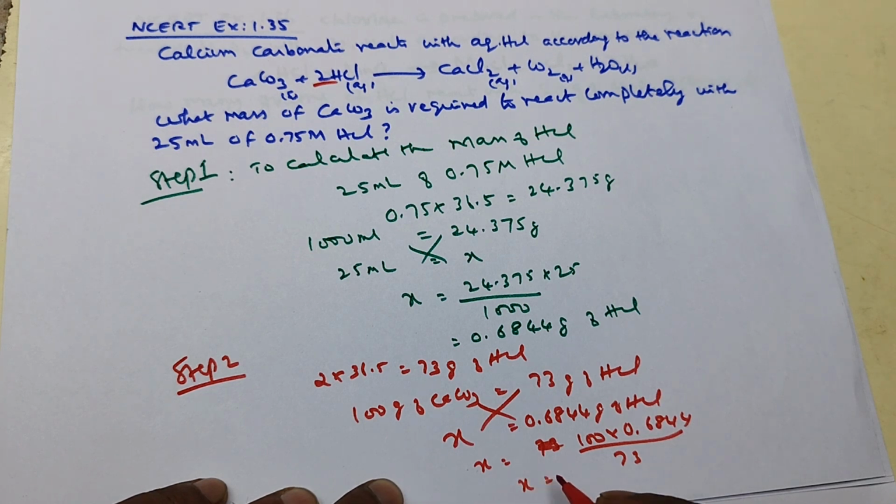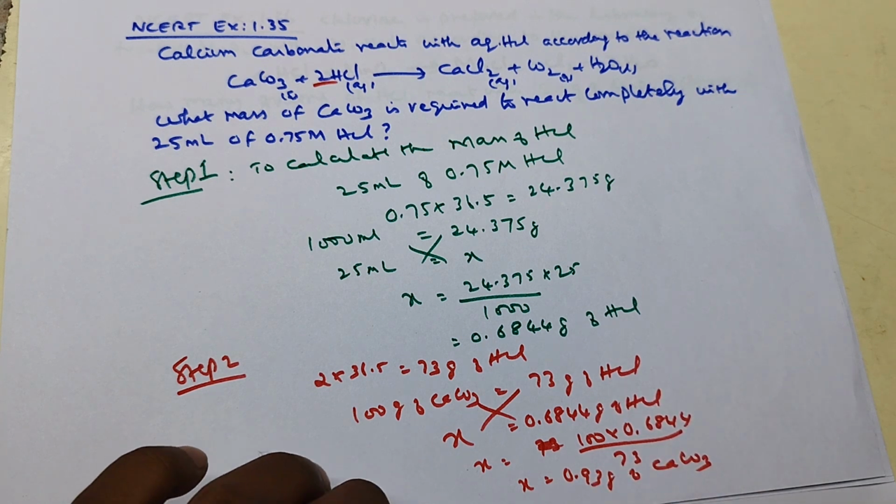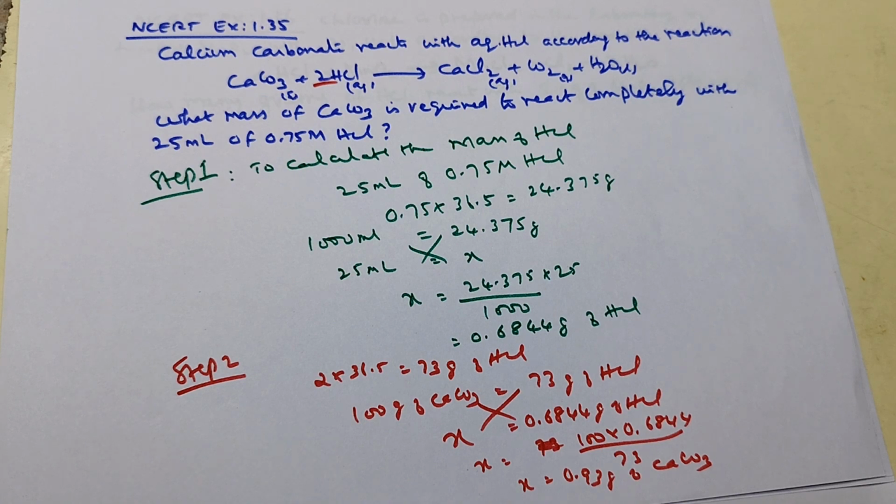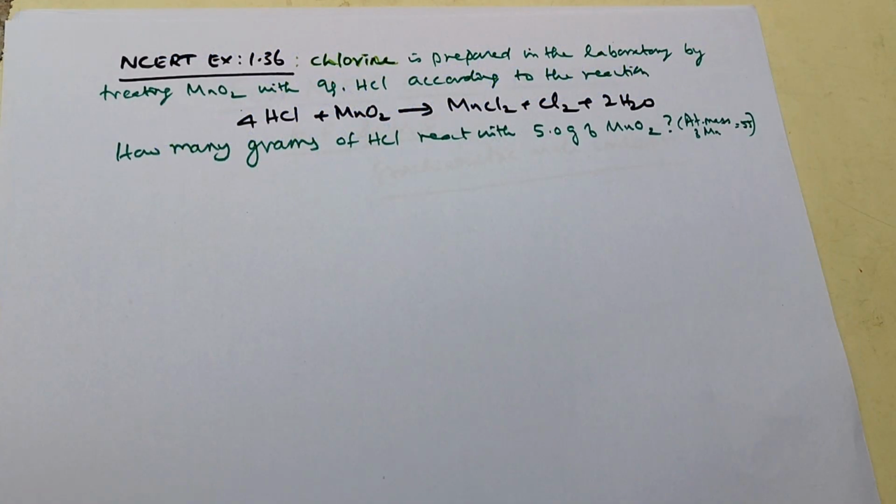X is equal to 0.93 gram of calcium carbonate. That is the question, what mass of calcium carbonate is asked. So you have to say 0.93 gram of calcium carbonate reacts completely with 25 ml of 0.75 molar HCl.